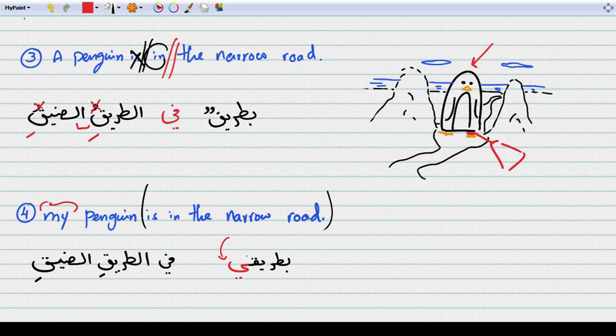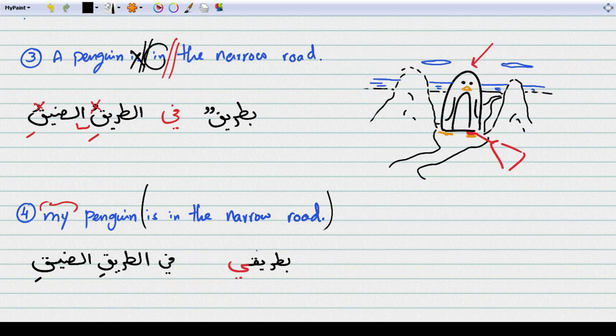Each person has a different type of ending that is attached to the word and gives it these possessive properties. So now this penguin is mine, بطريقي, because I added the ya at the end. Anything you add ya at the end, any noun, becomes mine, in a sense. So بطريقي, كتابي, قلمي, بنتي, ولدي, and so on.